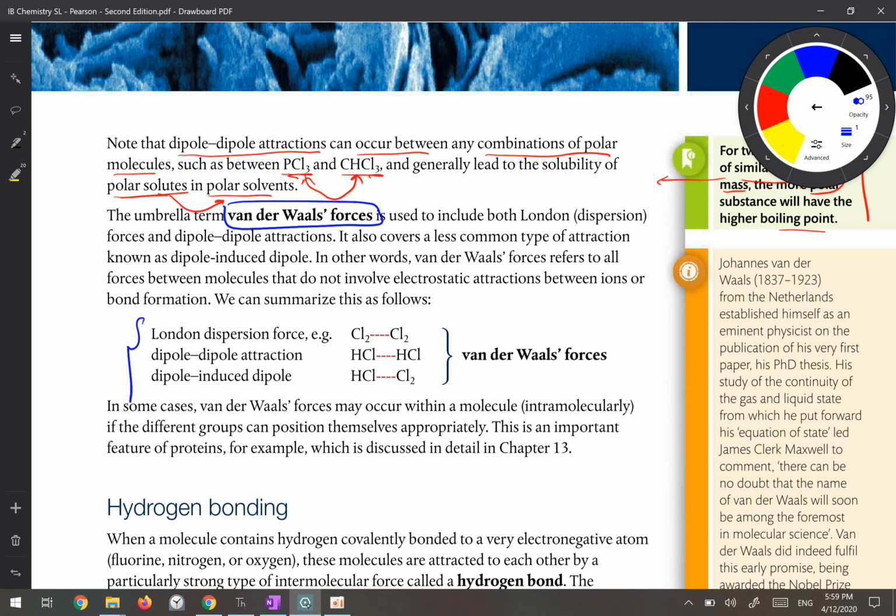London dispersion forces are available between all molecules, and this is the only source of attraction for non-polar molecules. Also dipole-dipole attraction, which is available only between polar molecules, and dipole-induced dipole attraction, which is available between a non-polar molecule and a polar molecule. All of these we call van der Waals forces.